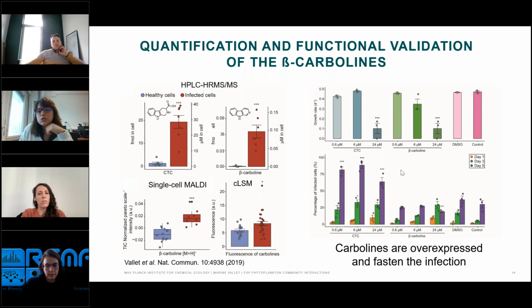And on the other hand, when you put this compound in infected culture, we see the infection progressing much faster, especially with one of them. And this led us to conclude that these compounds are involved in the infection. They will inhibit the growth, and of course, because the cell population is smaller, this population will be infected faster.